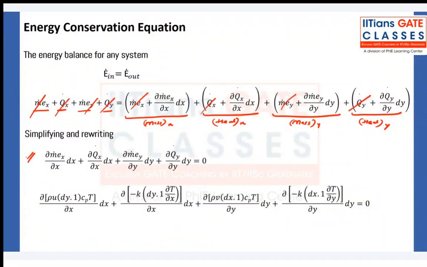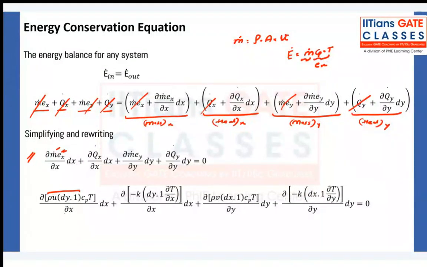Now mass flow rate is what? Mass flow rate is rho A V. Velocity, here we are taking as U. So you can write this as the mass flow rate. Energy, how can you write? By Cp T. Mass energy is equal to m dot Cp T. So this is mass flow rate, this is energy in x direction, upon dx.